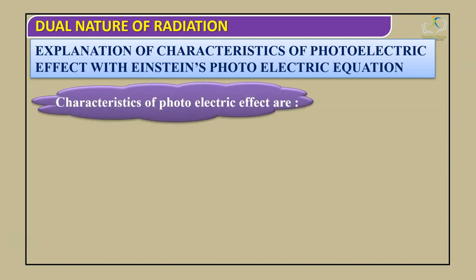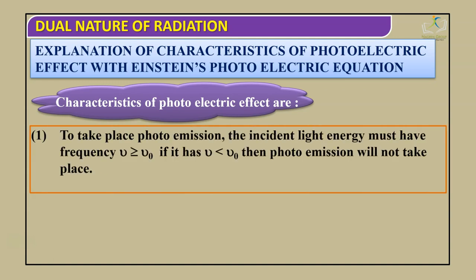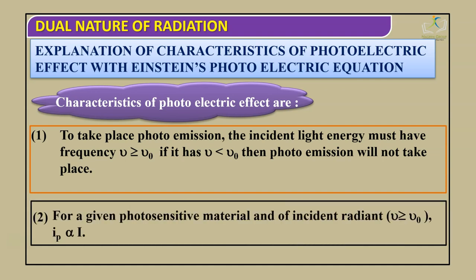Characteristics of the photoelectric effect are: first, for photoelectric emission to take place, the incident light must have frequency ν greater than ν0. If ν is less than ν0, then photoelectric emission will not take place.